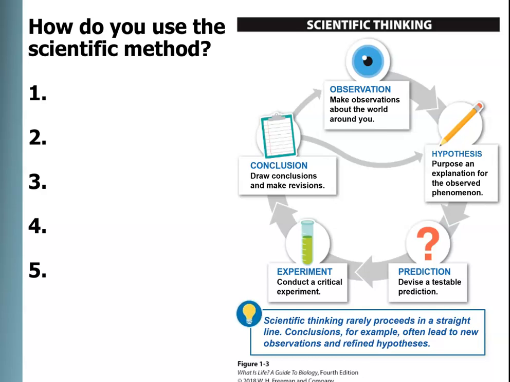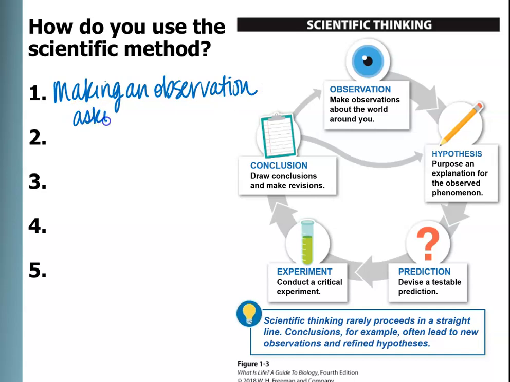So we are going to start with making an observation. We might also think of this step as asking a question. They kind of go hand in hand. Sometimes you ask a question first, but usually something that you observe piques your interest. The next big broad step that we're going to do is make a hypothesis.